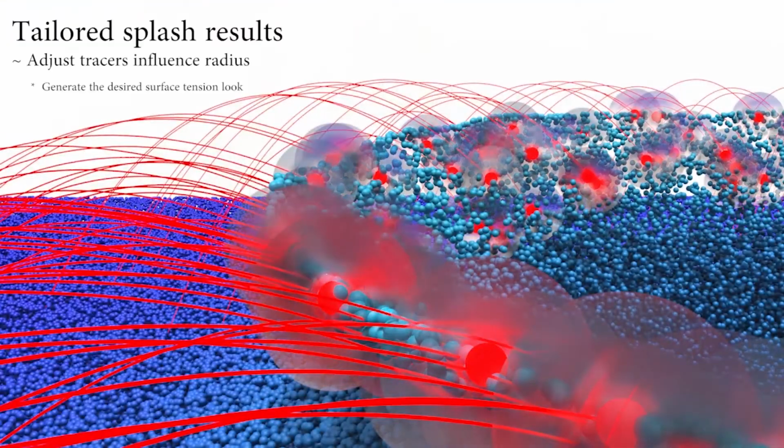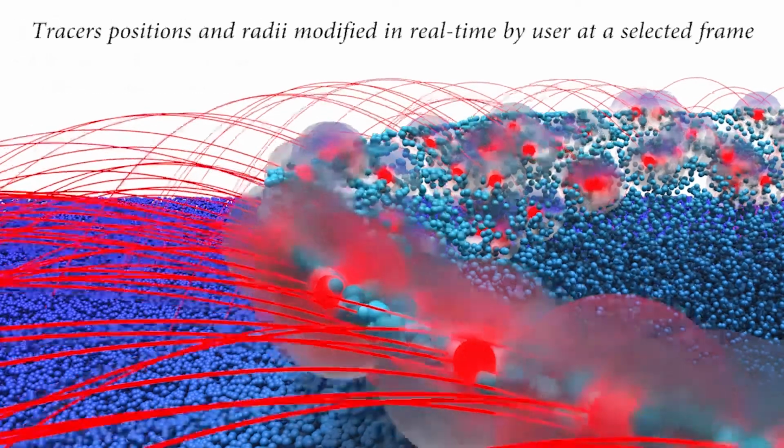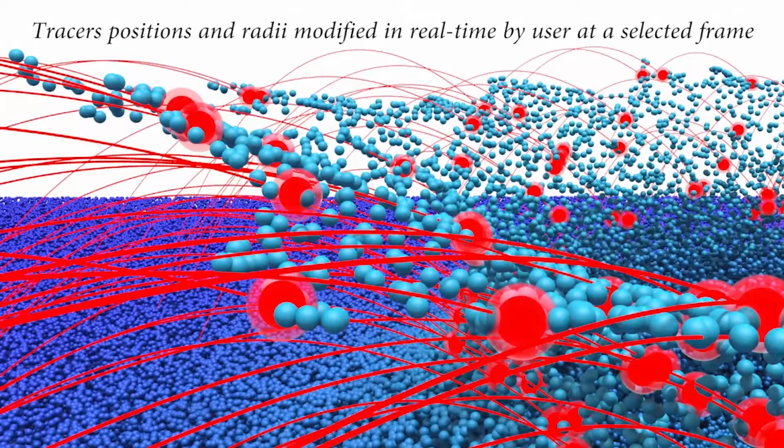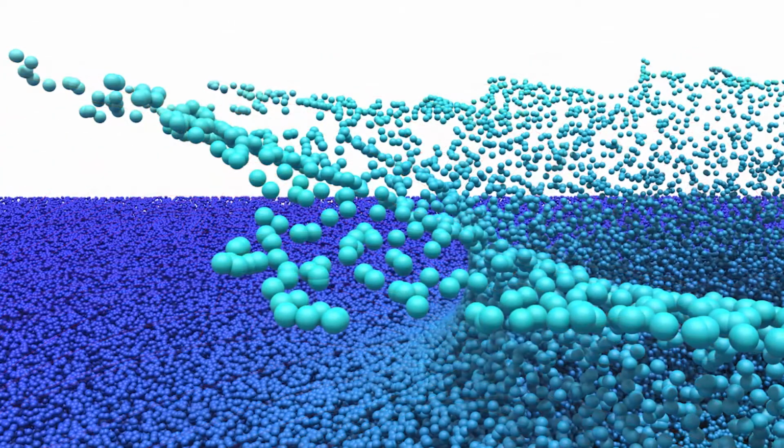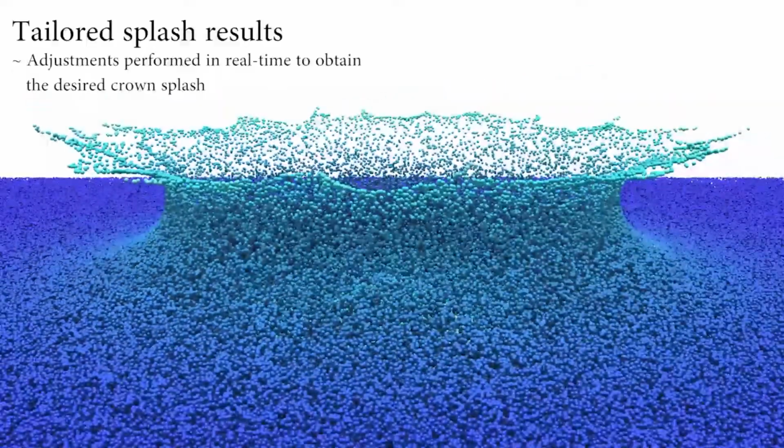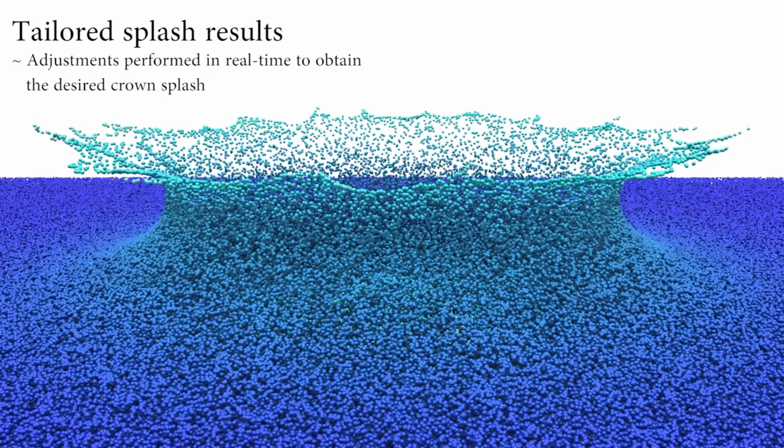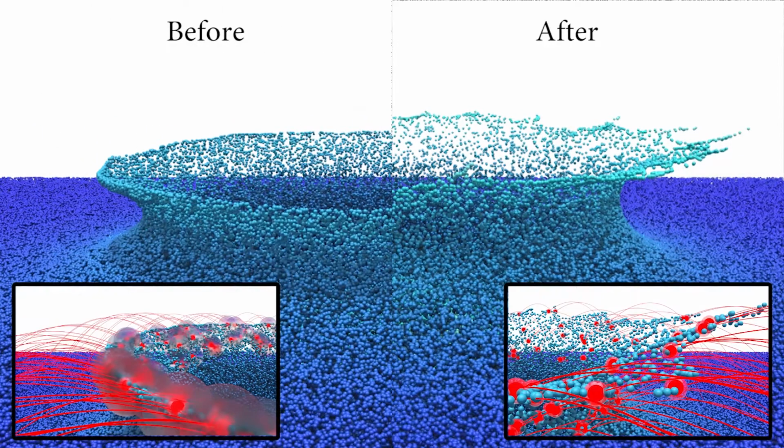As shown in this close-up, we can interactively modify the appearance of a ground splash simply by adjusting the position and influence radius of the tracers. Tracer particles allow us to generate realistic and tailored splashes.